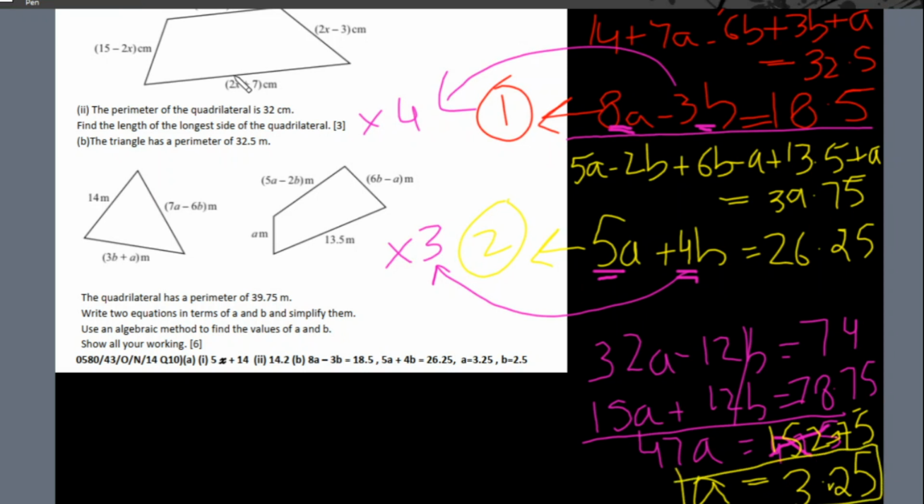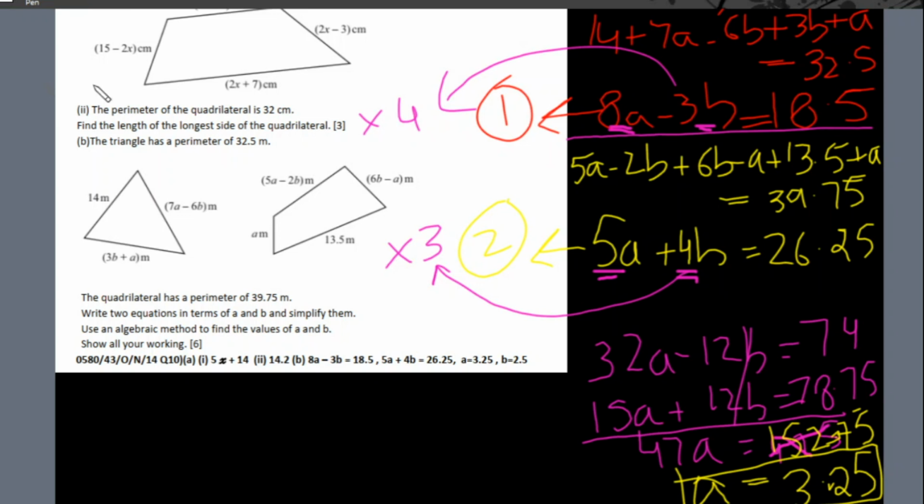Now to find b, I can simply substitute the value of a in any of these equations. So I'll just choose this. Let's substitute a here. So 32 times 3.25 minus 12b equals 74. 32 times 3.25 is 104.